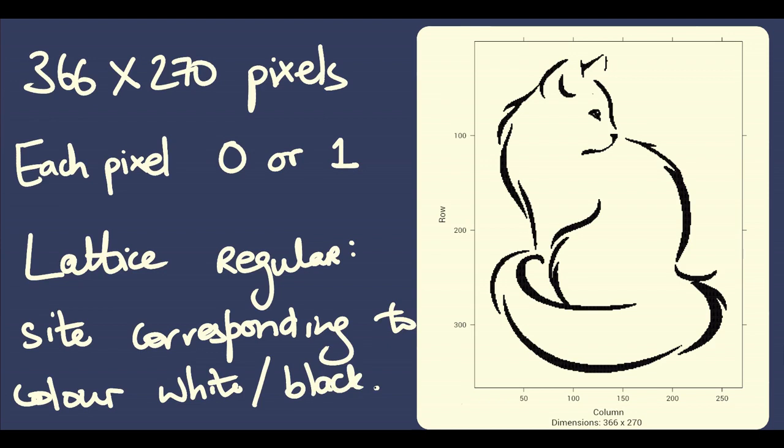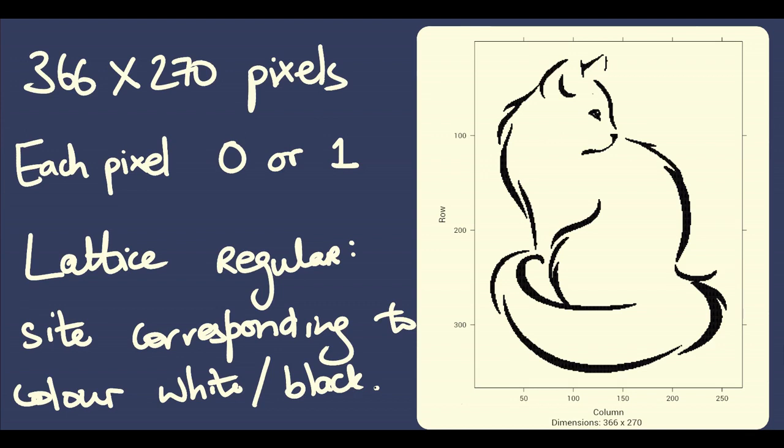If we set things up like this, we'll have 366 by 277 nodes in our lattice, and each node can take a binary value.